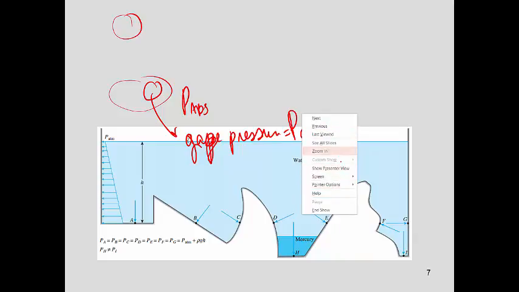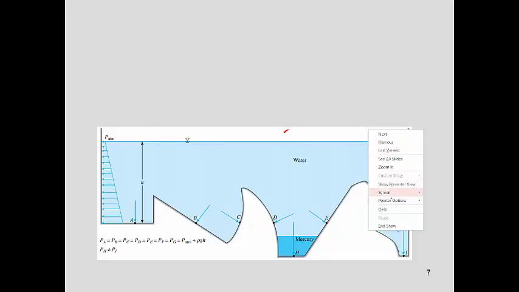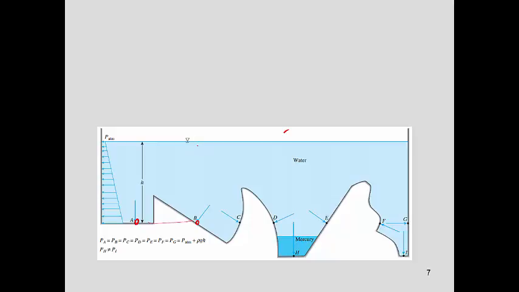Whenever we have different shaped containers, sometimes we think that the pressure will change, but that's not the case. Okay, so whenever we look at this situation, here you have PA, and it's at the same level, but you have the same fluid on top, so the pressure is the same.